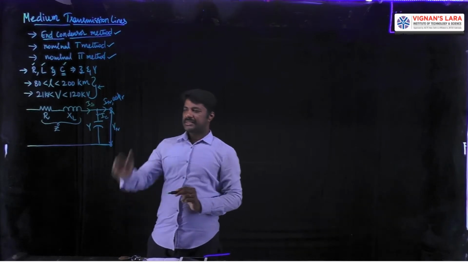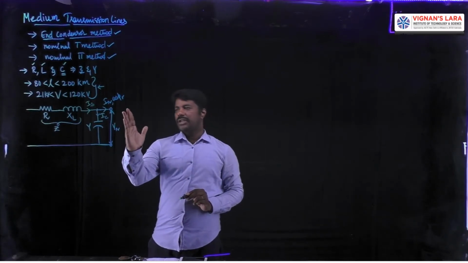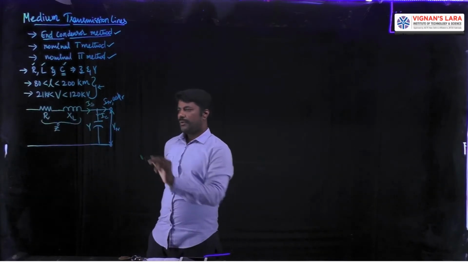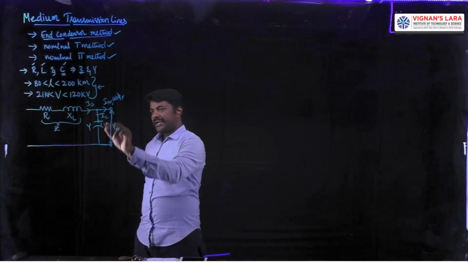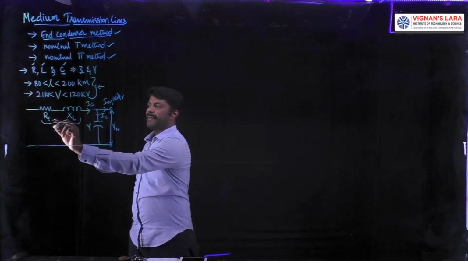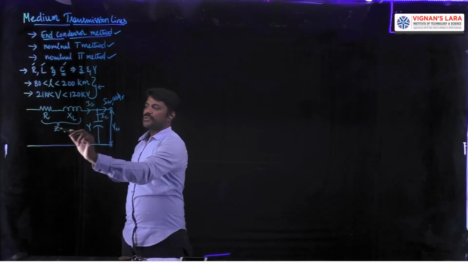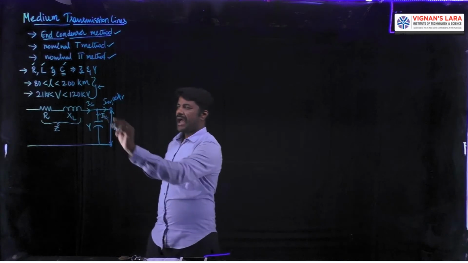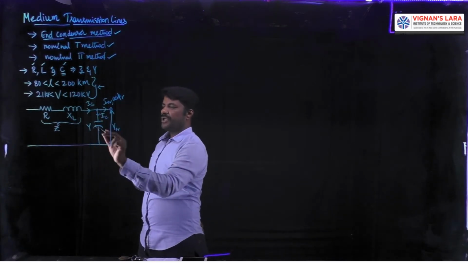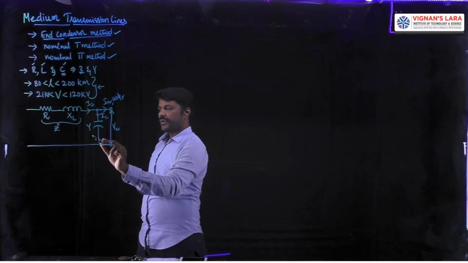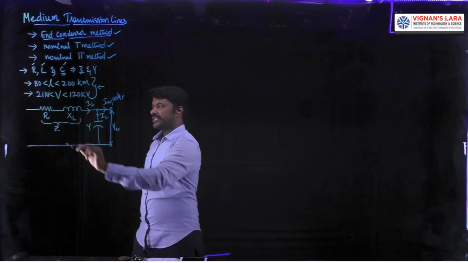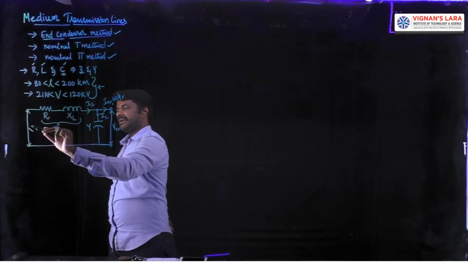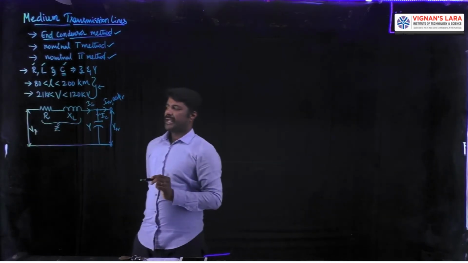The analysis starts from the receiving end side and slowly we will approach towards the sending end side to define all the quantities. The voltage across this admittance branch is VR and the current passing through this impedance is IS, so the magnitude of the voltage drop here is IS into Z. The summation of the receiving end voltage VR and IS into Z gives us the voltage that should be injected at the sending end side of the transmission line.